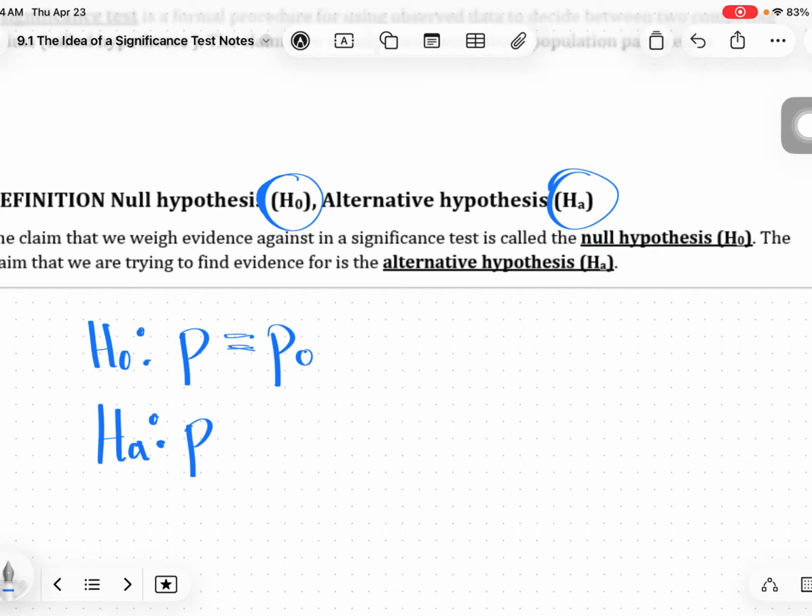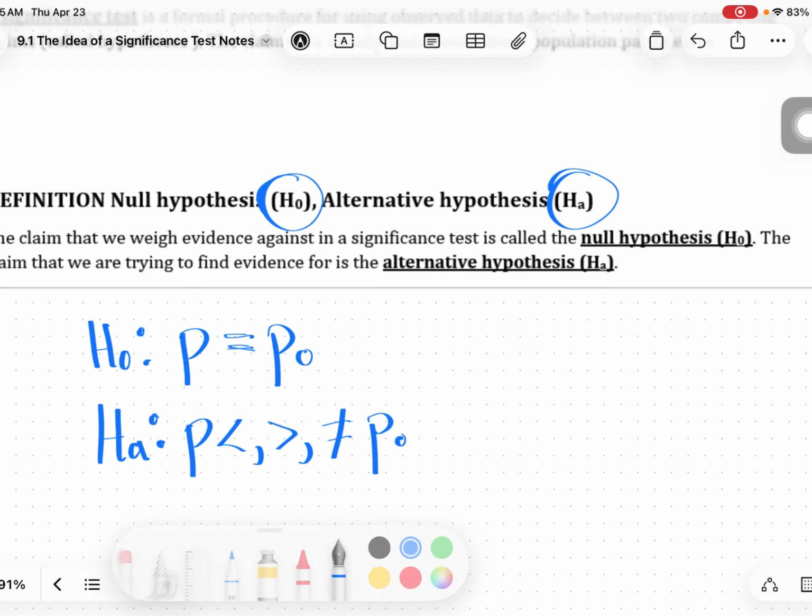Our alternative is going to be some inequality, either less than, greater than, or not equal to, and then it would be the hypothesized value. That P sub 0 is going to be a number when we actually write these.